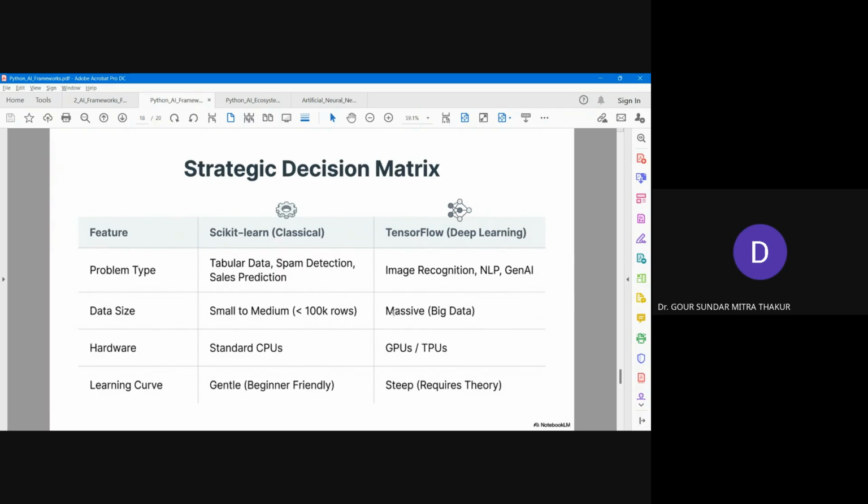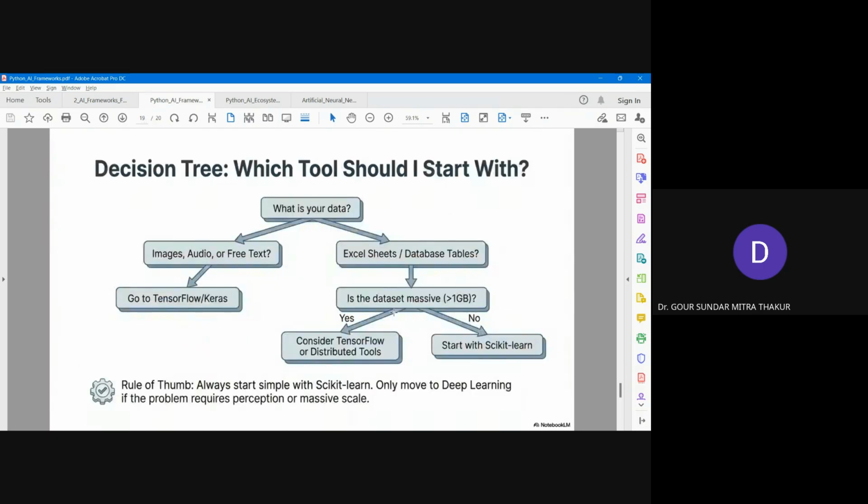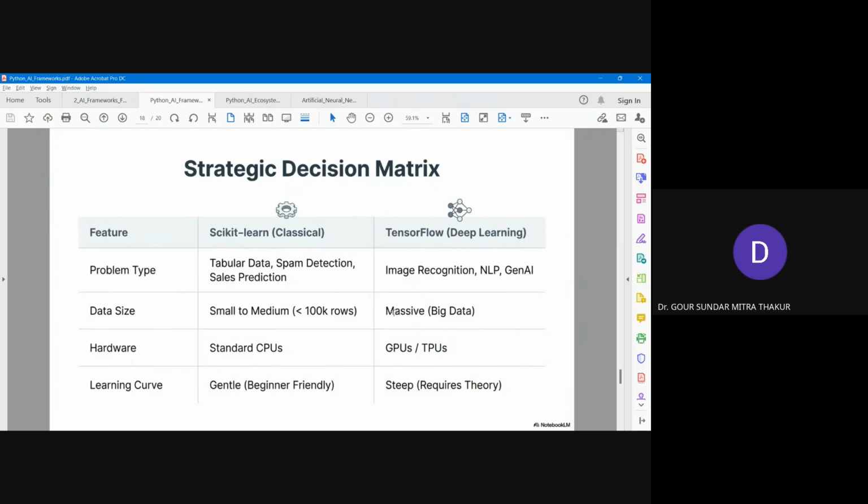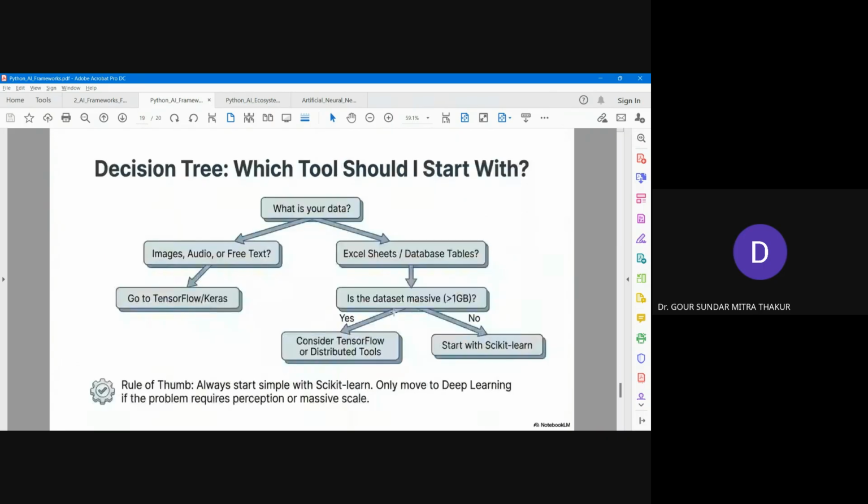Please check this slide; I have already said this, so I am not repeating it. Now, which tool should I start with? This is the decision we always have to make. First we check what our data is. If it is image, audio, or free text, then go for TensorFlow or Keras, because this is a very easy platform to work with, and these data are also unstructured.